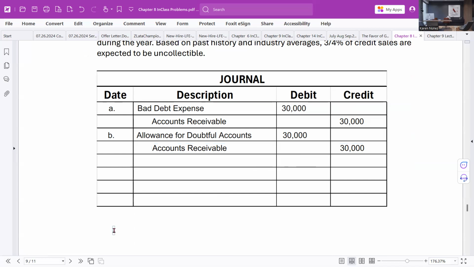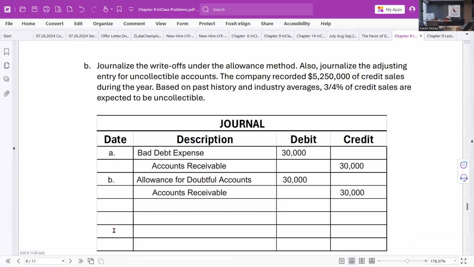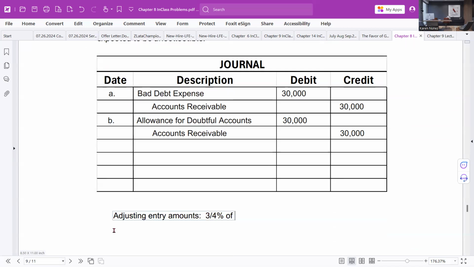If it's 0.75%, the adjusting entry amount is based on 0.75% of the sales, which are 5,250,000.